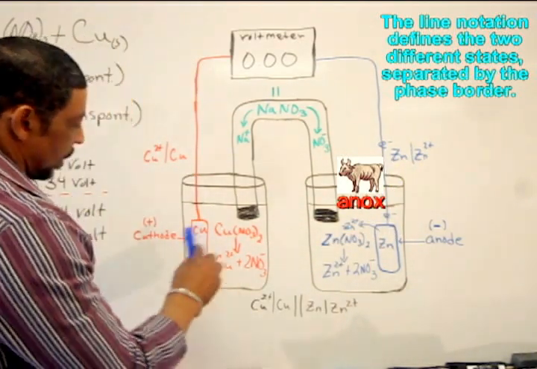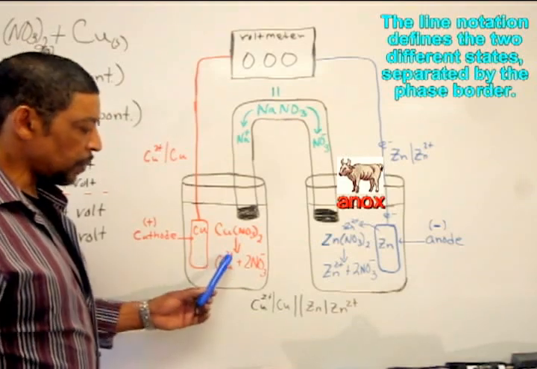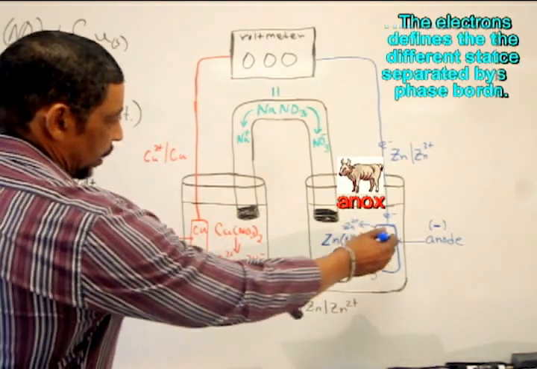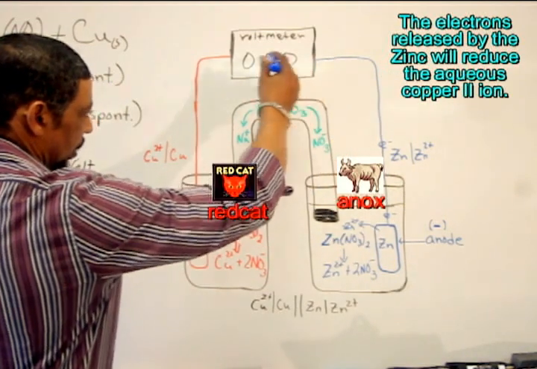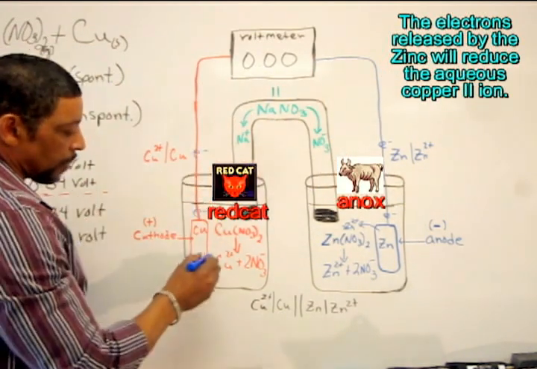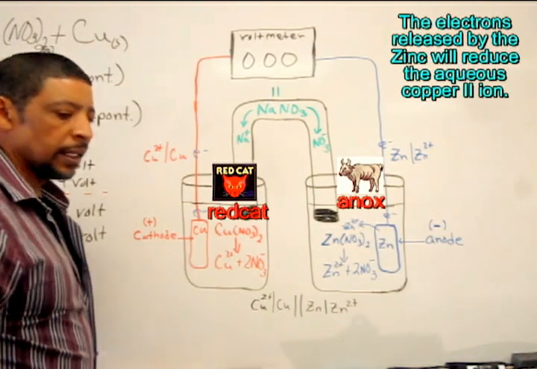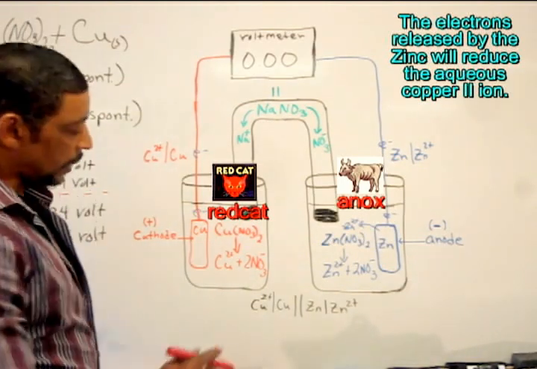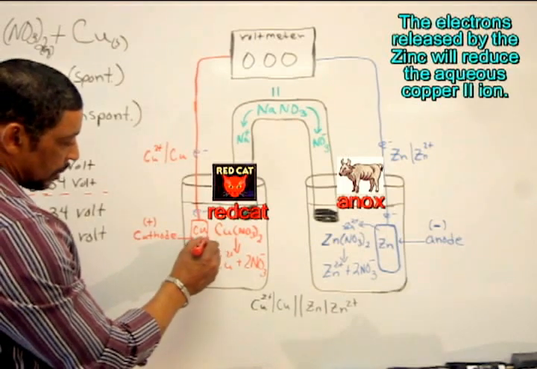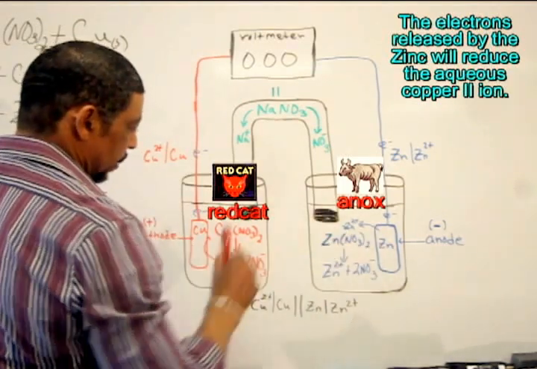In the cell containing copper, copper 2+ ion will undergo reduction. The electrons released by the zinc metal as it undergoes oxidation will now be utilized by the copper 2+ ion in solution. The copper 2+ ion will be attracted to the electrons that were generated at the anode.